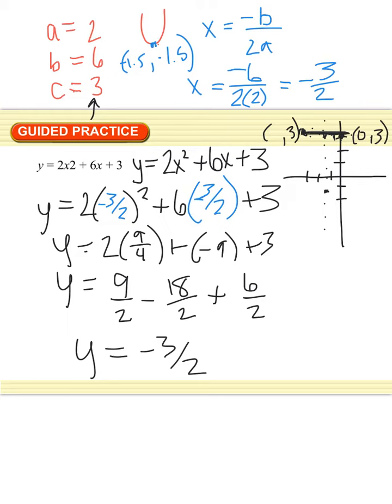Well, we know that our line of symmetry is at negative 1/2, and we know that we went 1/2 more to the right. So this x value should be negative 3. And now that I know my 3 points, I can draw my ugly looking parabola.